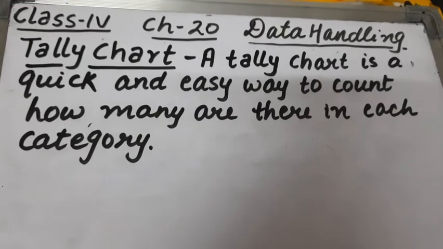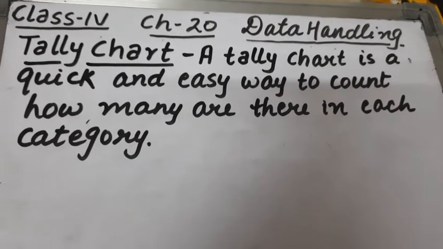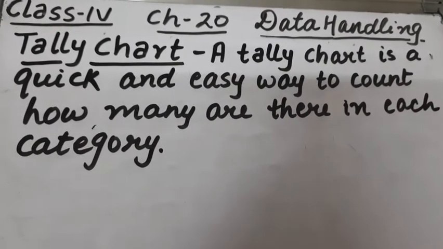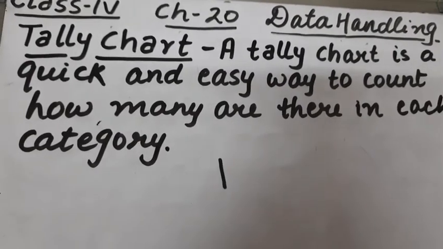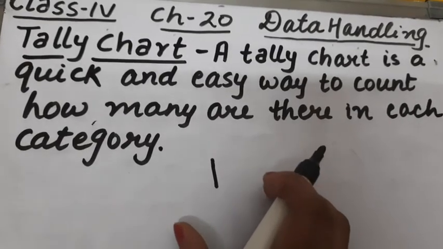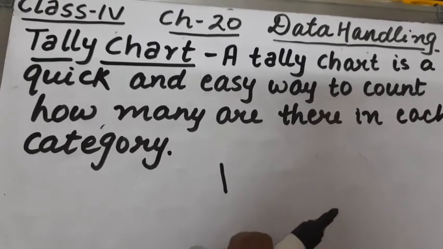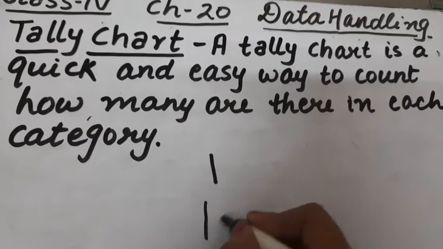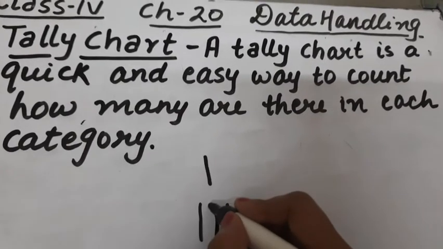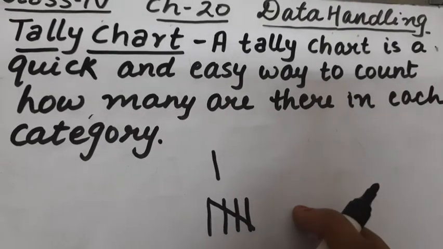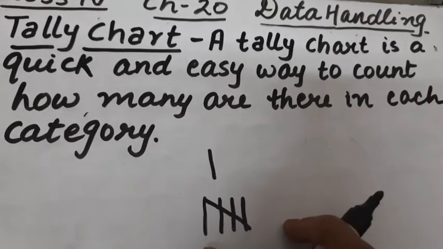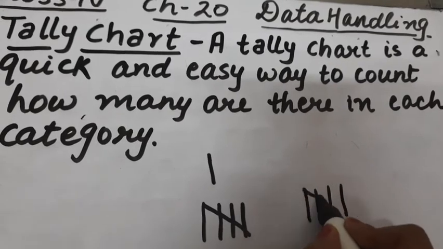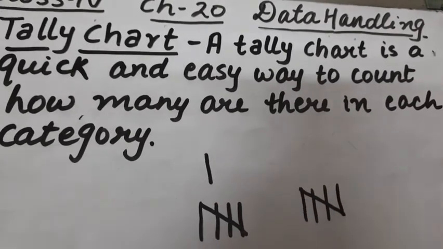We represent each item as a vertical stroke like this, and every fifth observation is represented by crossing the four strokes diagonally, like 1, 2, 3, 4, and the fifth observation crosses these four strokes diagonally.